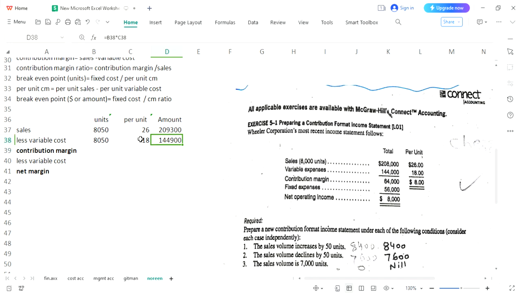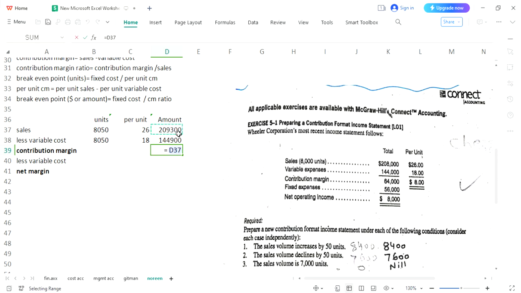It is variable cost. Now we are about to calculate our contribution margin, and let me know how to calculate it: by subtracting your variable cost from sales. Here you will write sales and subtract variable cost. How much is the sales amount?